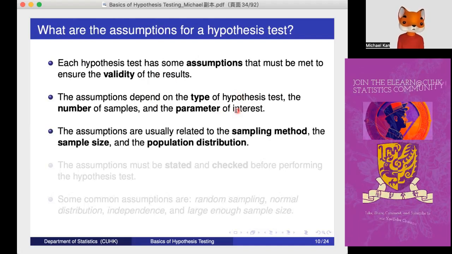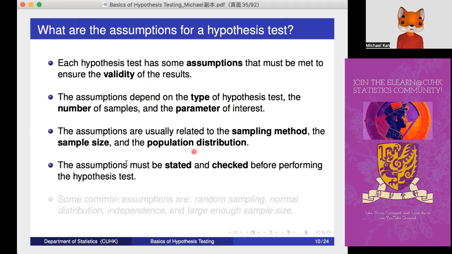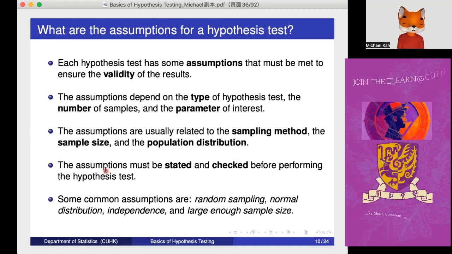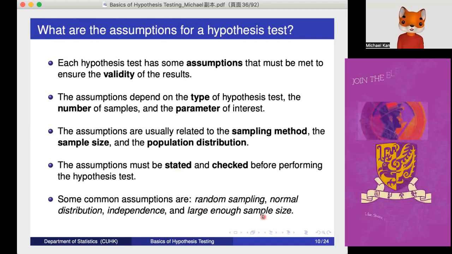Often these assumptions are made about the sampling method, the sample size, or the distribution of the population. But this must be clearly stated before we conduct the test. In testing these hypotheses, our common assumptions are random sampling, normal distribution, independence, and a sufficiently large sample size.